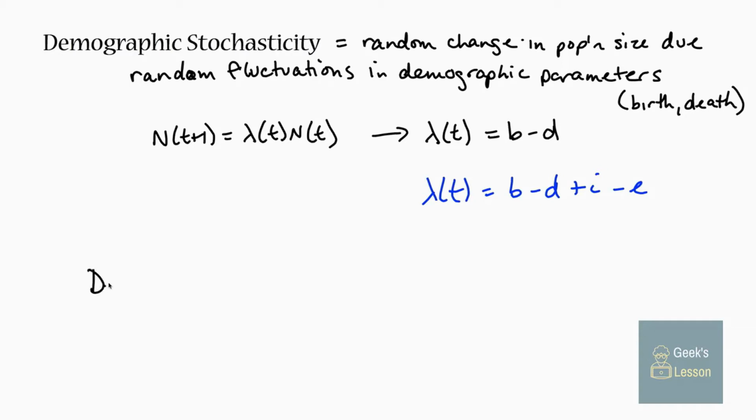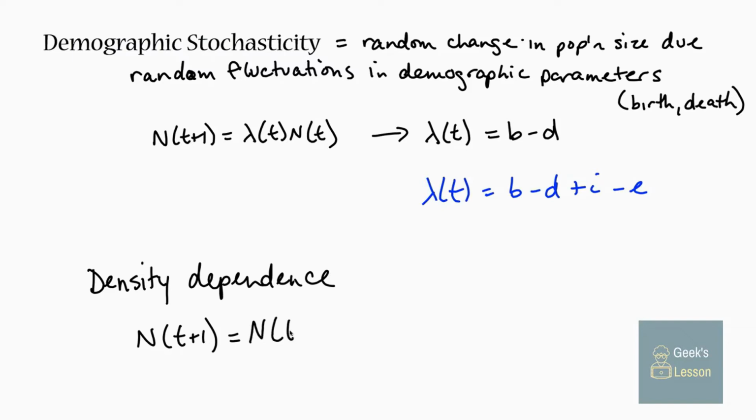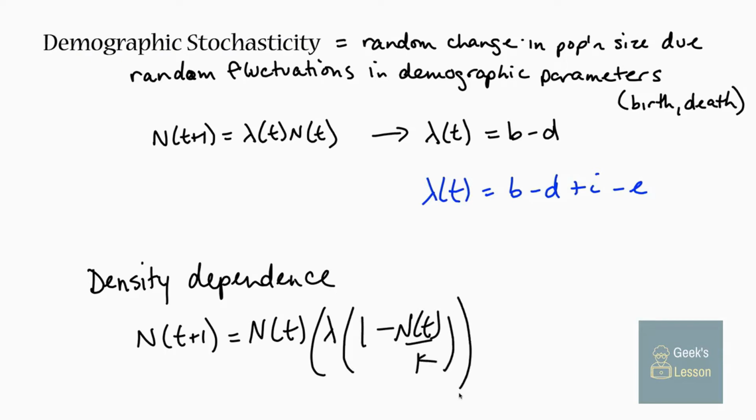I'd also like to point out you can have stochastic density dependence. Right, in a density dependent model, n at times t plus 1 is n at times t times some density dependence term, lambda times 1 minus n at t over k, for example.